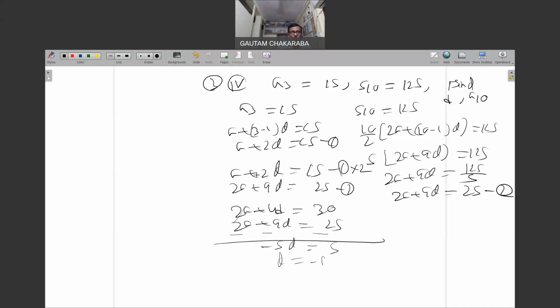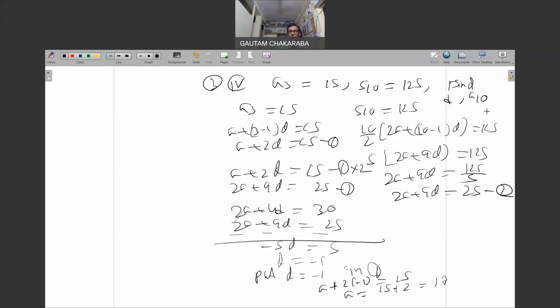After that, you put the value in any one equation. Put d is equal to minus 1 in equation 1. So a plus 2d, 2 into minus 1, is equal to 15. So a is equal to 15 plus 2, that is 17.